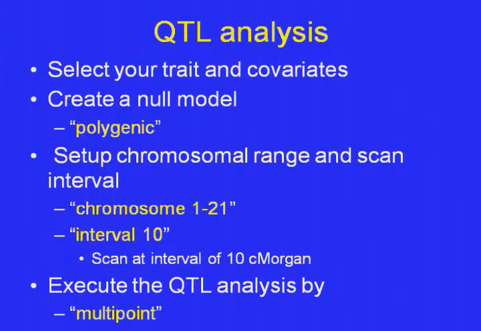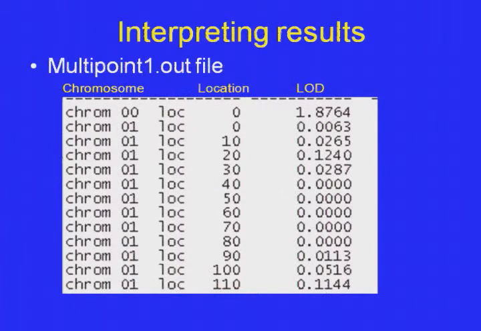It does take a bit of time, so I'd say it can take as long as 1 hour per QTL analysis, but it can be highly informative. The results are stored in a multipoint1.out file and include chromosomal location as well as logarithm of odds.